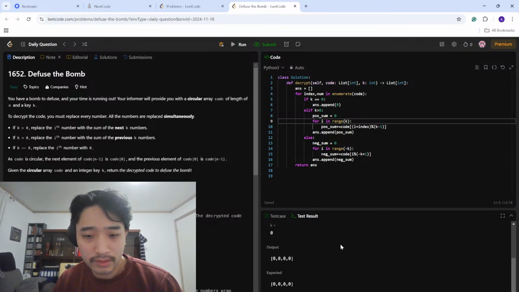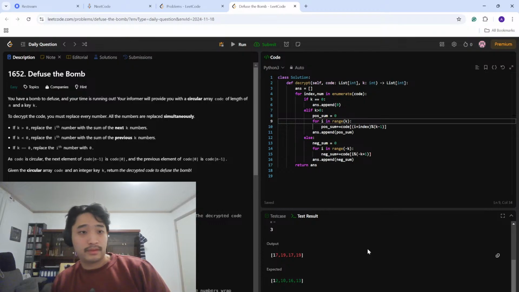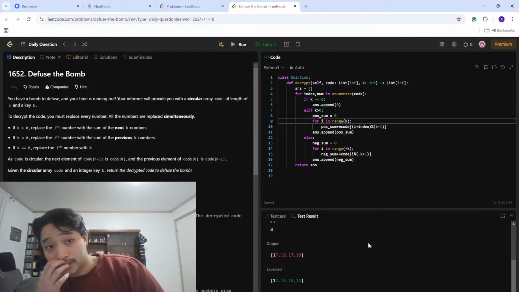Why is this correct? Okay, yeah, because it's 0. Next, k numbers.